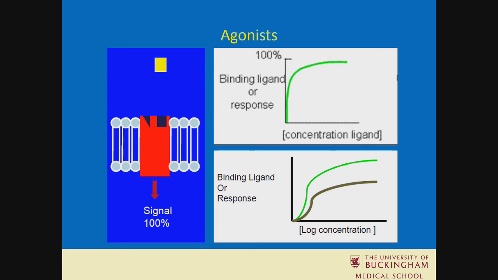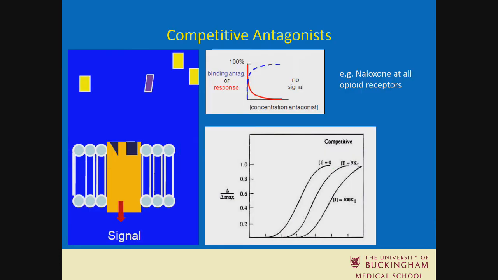So 100% then would be a full agonist. Some agonists don't do that, so this one might possibly have a similar affinity for the receptor, but you can see there's a difference in the size of the response. So this would be a partial agonist. So I can see it all flooding back to you now.